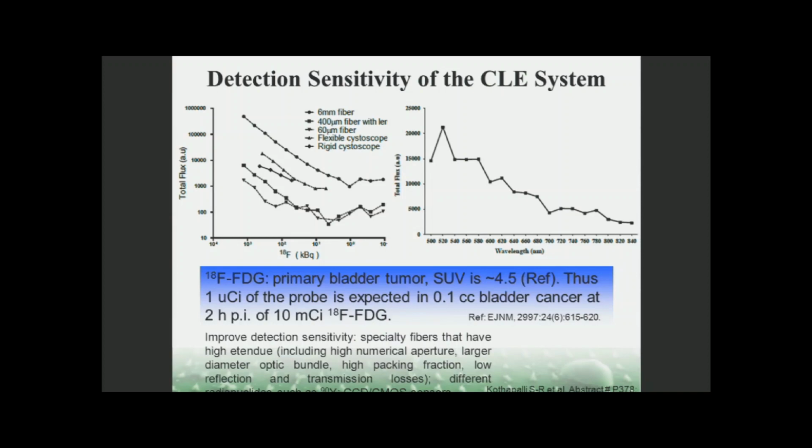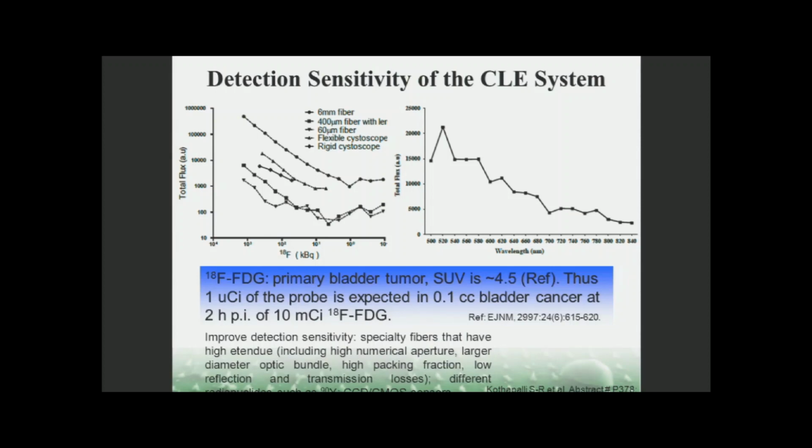So this looks like the most promising one, and we moved forward and used this 6 mm fiber system to obtain the Cerenkov luminescence spectrum. It shows a very similar spectrum to what we obtained from the conventional IVIS system.